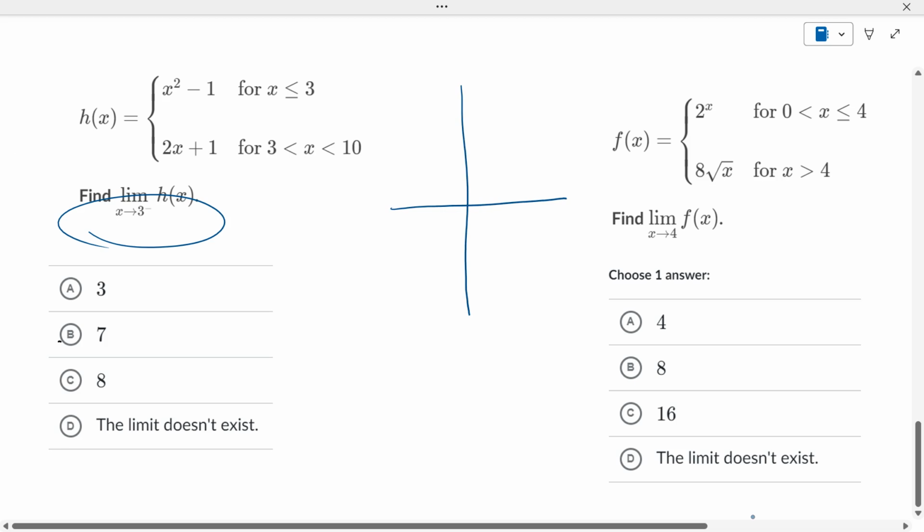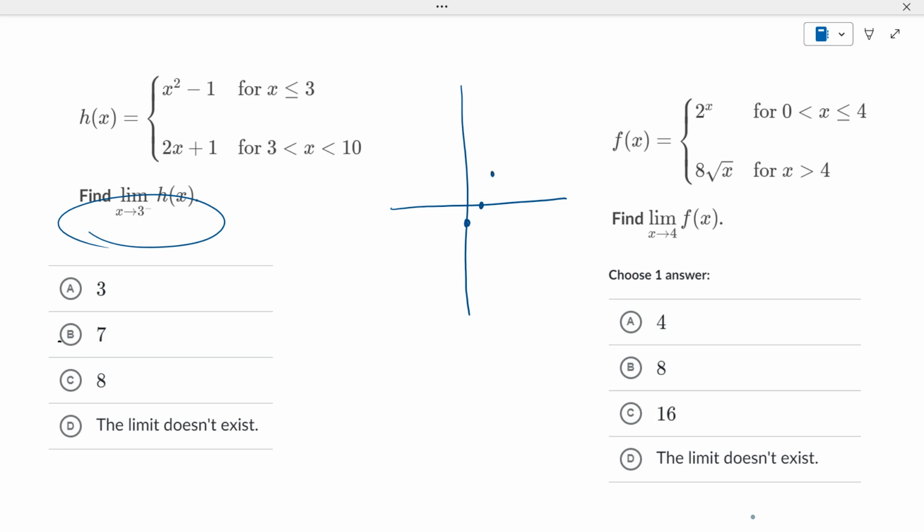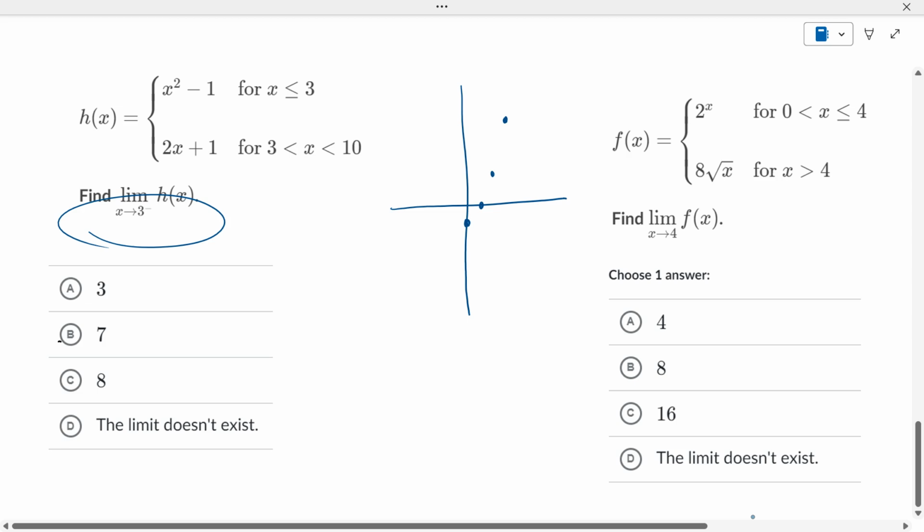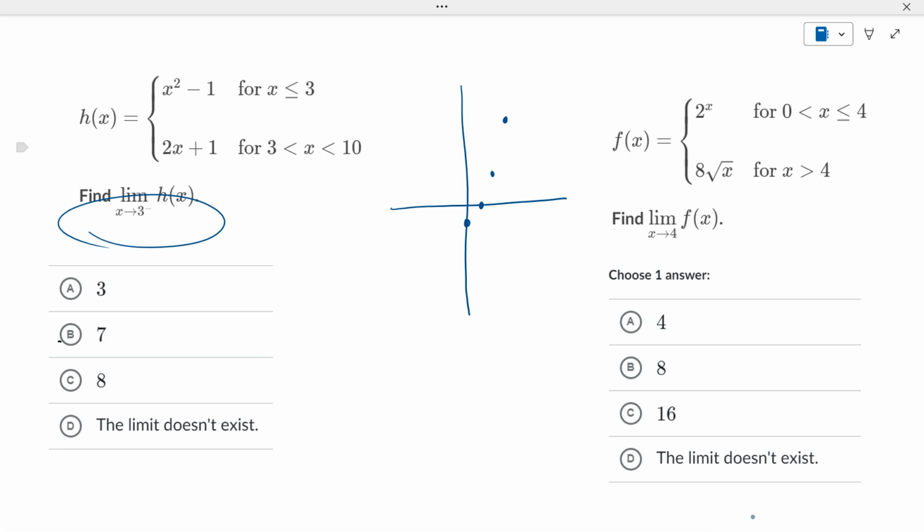X squared plus 1. At 0, we'd be at -1. At 1, we'd be at 0. At 2, we'd be at 3. At 3, we'd be at 8. Okay. If we put in a 3 here, we're at 7.